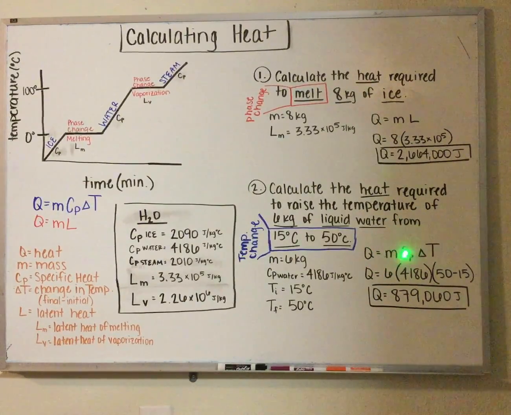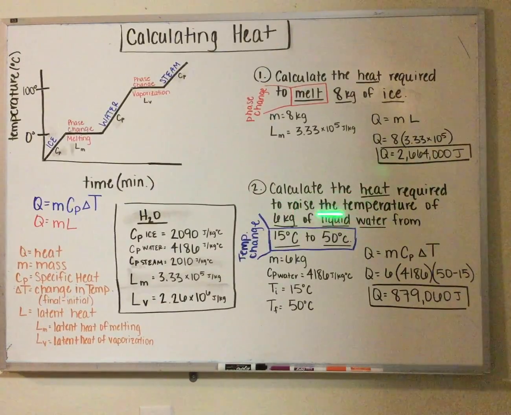I need mass, specific heat, and delta T. My mass is 6. Specific heat is water. This is where you need to be careful, because there's 3 CPs. One question could say, how much heat is required to raise the temperature of steam? How much heat is required to raise the temperature of ice? Then you would need to use a different specific heat for ice, water, and steam.